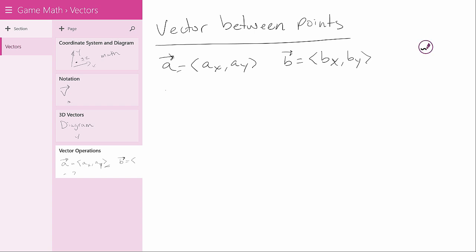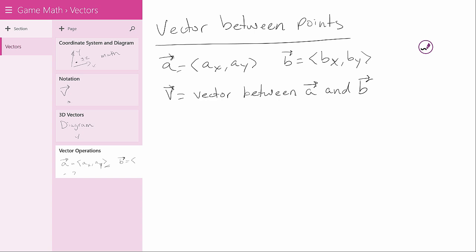Now, V is going to be a vector between A and B. So we have some vector A here that exists and some vector B here that exists.